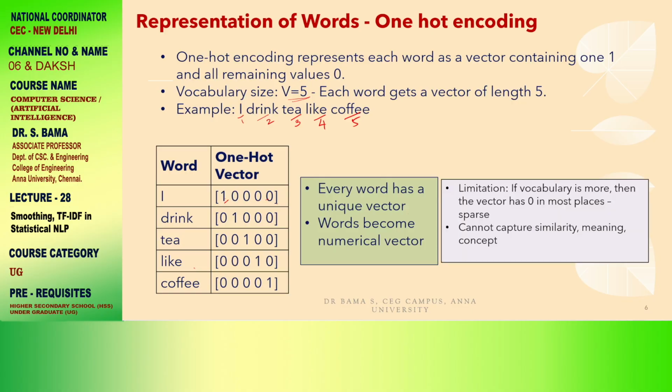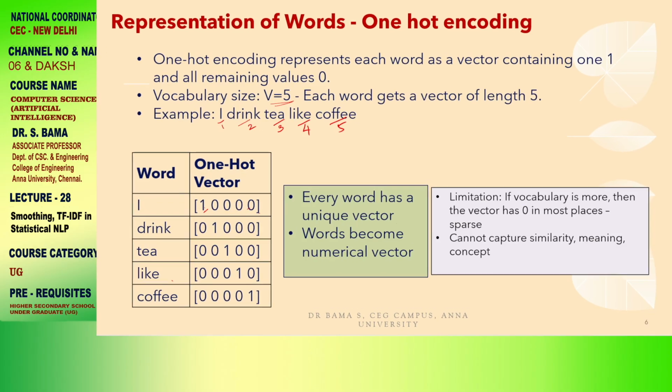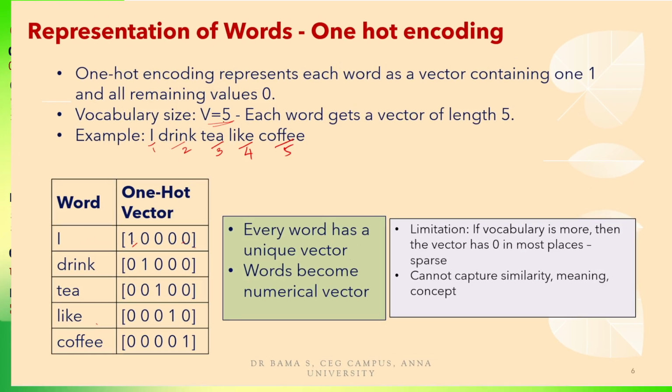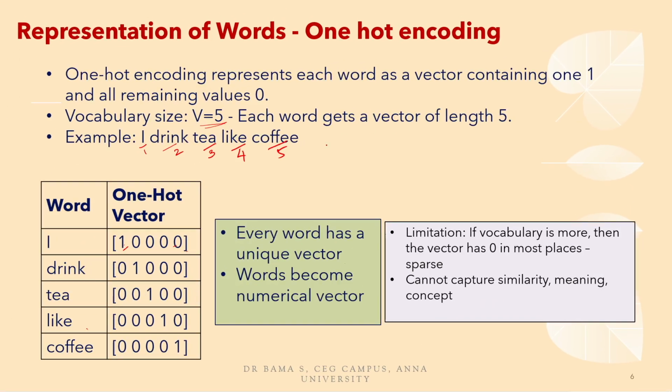But there are certain limitations. What happens if the vocabulary is larger? Suppose we take a large corpus. In reality, the vocabulary size is not going to be 5, but it can be 5 million. In that case, what will happen to the vector size? It will be humongous. Another difficulty is the sparse nature, where a sparse matrix is one with many zeros and only a few ones.